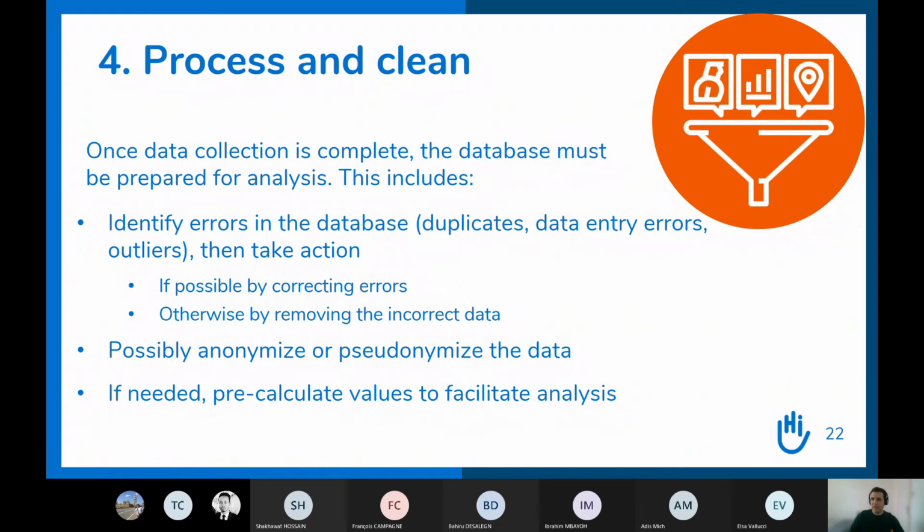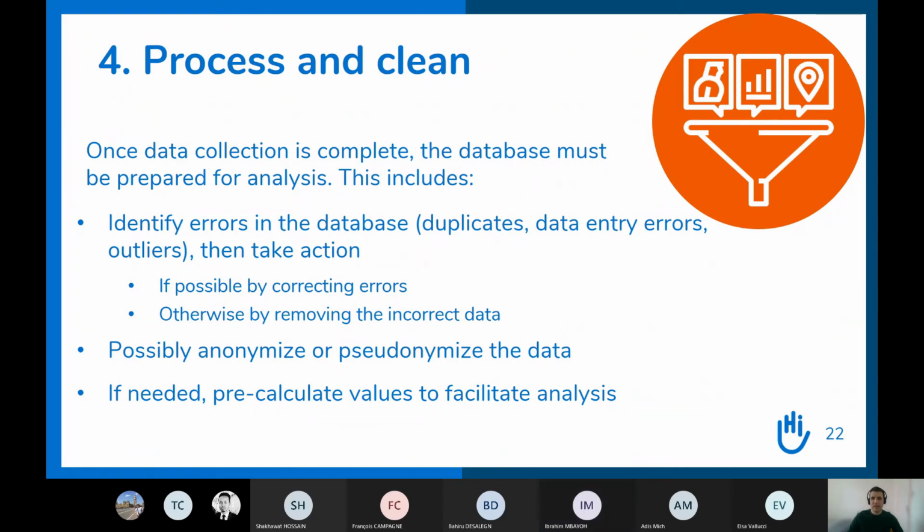So identify errors. For instance, try to see if there are duplicates, data entry errors, outliers, and then take action. The best thing to do, if it's possible, is to try to correct the mistakes.